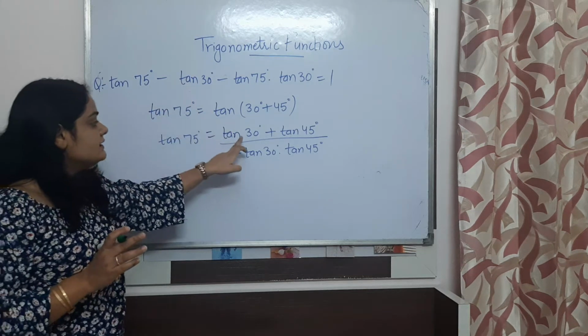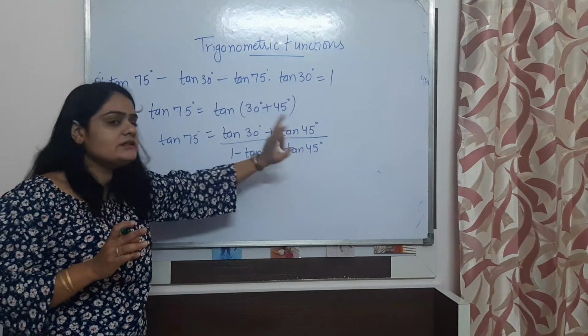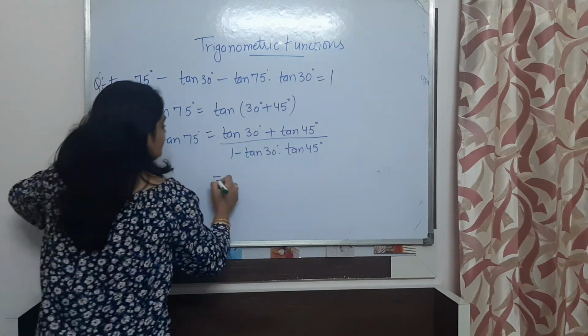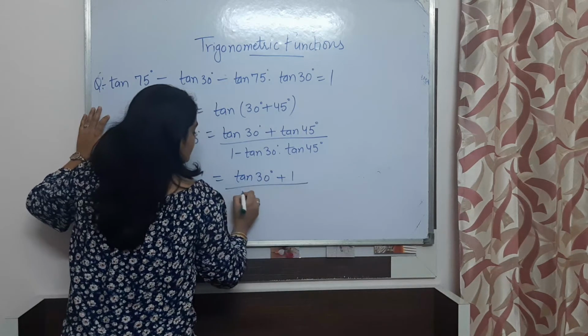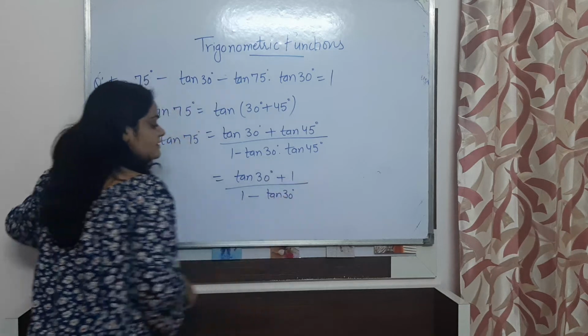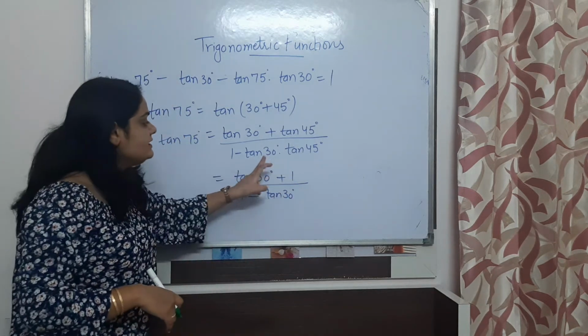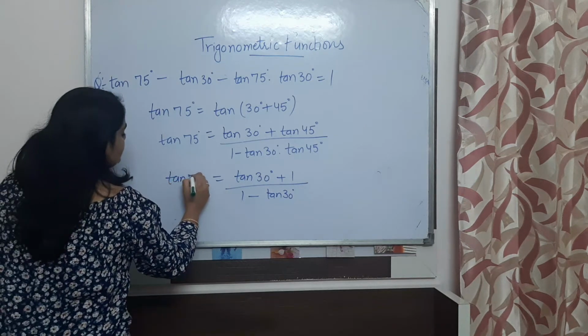This is the reason I am writing tan 30 as it is, but just substituting the value of tan 45, which is 1. So tan 30 plus 1 over 1 minus tan 30 into 1, which is tan 30, because tan 45 is 1, and here it is tan 75.